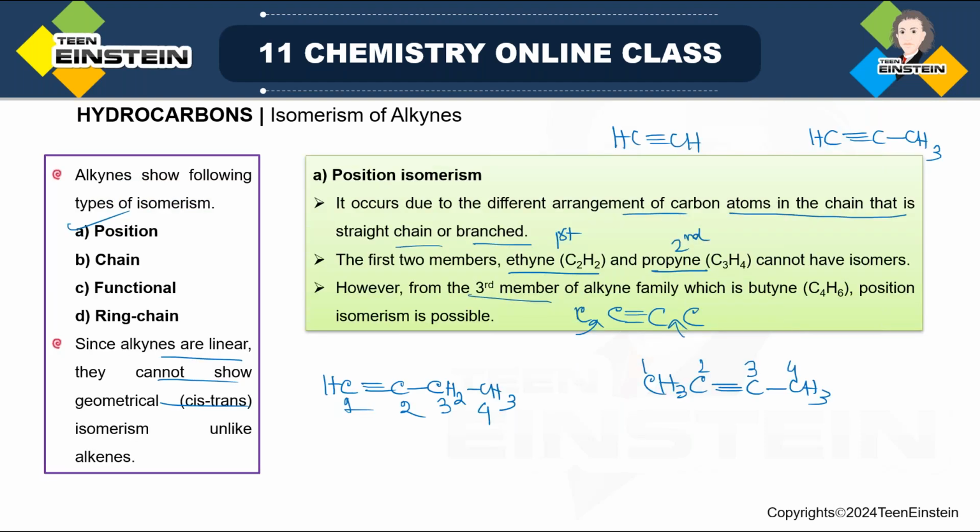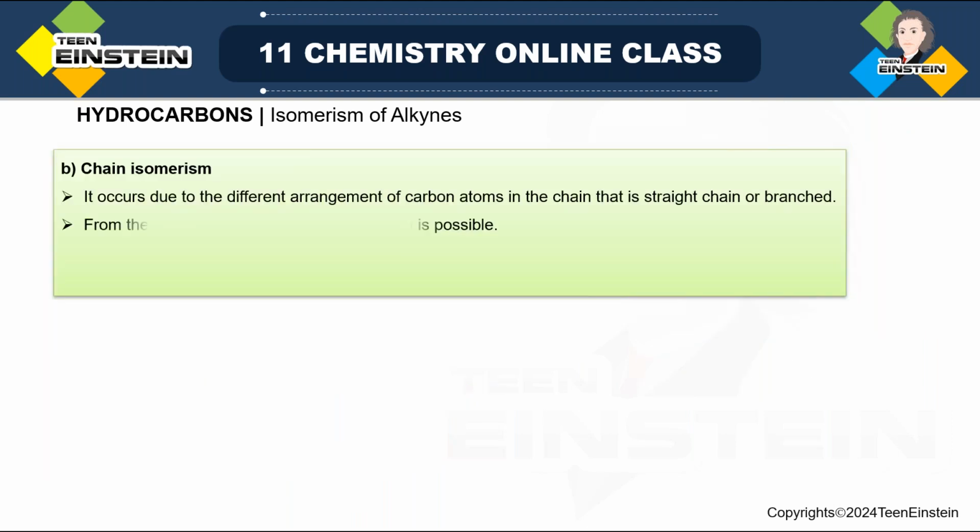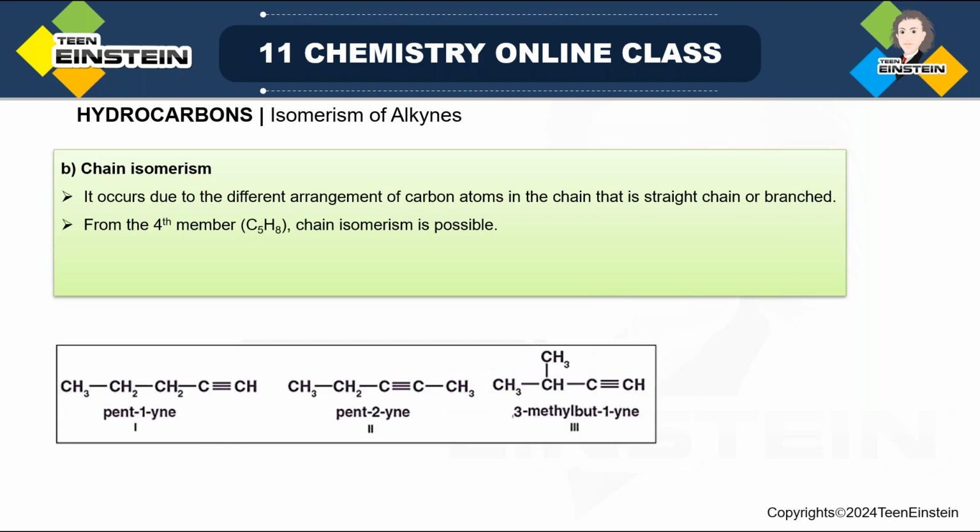Now just check the previous one. This is the third member, right? Butyne is basically the third member, but here also you cannot have any chain. See, you cannot put any chain. Even if you are thinking that this CH3 put it here, it will mean the same thing. Chain is not possible. Only from the fourth member, which is 5 carbon, it is possible.